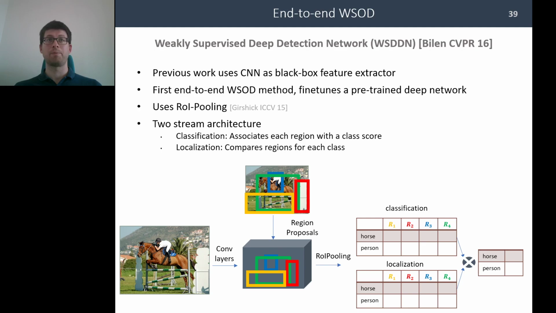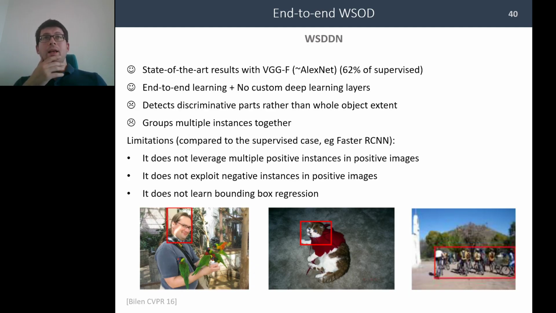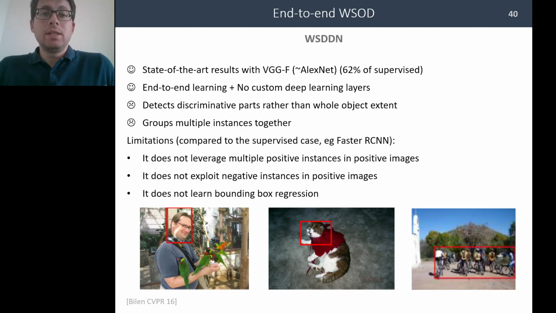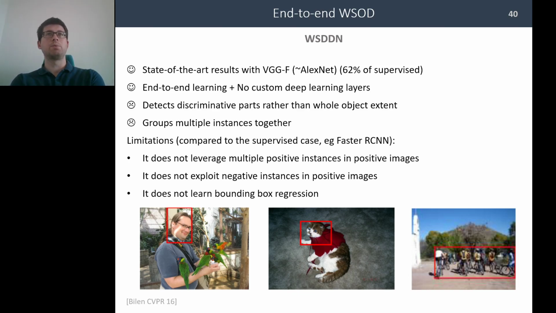The interesting thing about WSDDN was that it had a significant leap over the previous methods in terms of results. It was the first one using end-to-end learning, and it didn't have any customized deep learning layers.